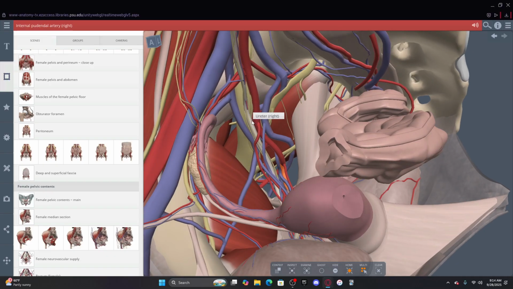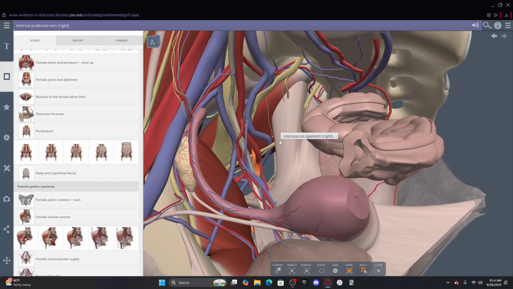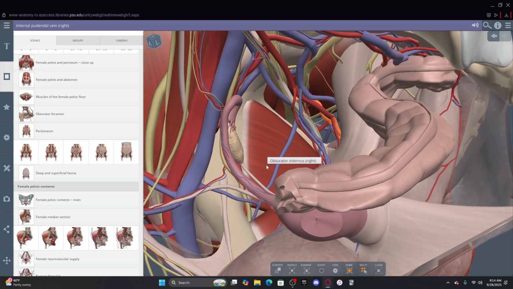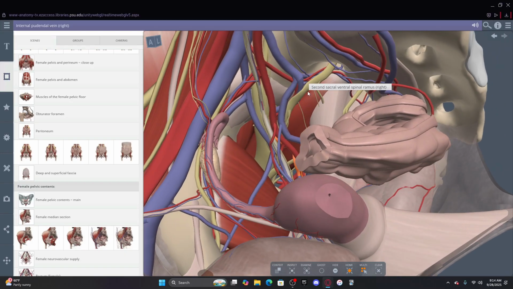Very similar with the internal pudendal vein, which is running right alongside the internal pudendal artery. They're both coming from the internal iliac vein and internal iliac artery. So now that we have those, let me just find that pathway for you guys to see.